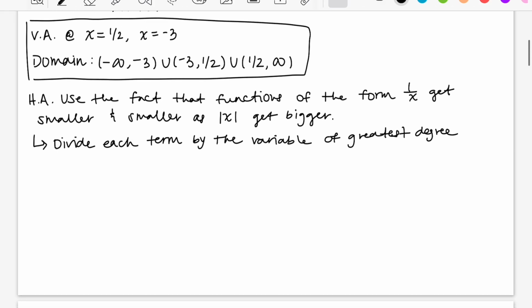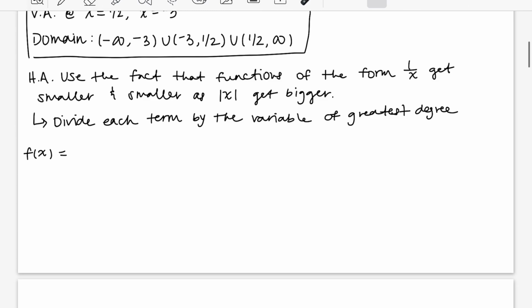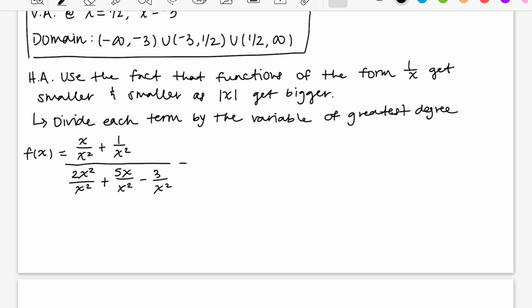So what I mean is, our function f of x is given by this guy here, and we're going to divide each term here by the variable of highest degree. And looking at this guy, the variable of highest degree here is x squared. So we're going to divide everything by x squared. So we get that on the top, and this on the bottom here.